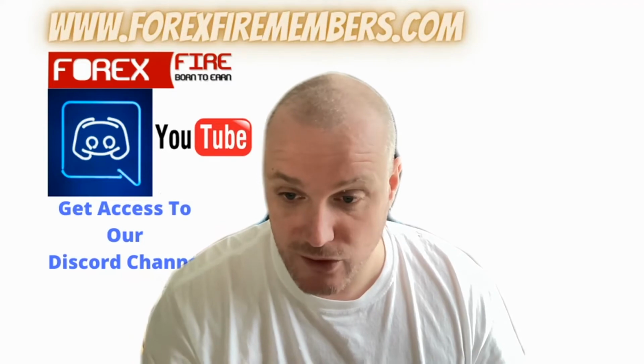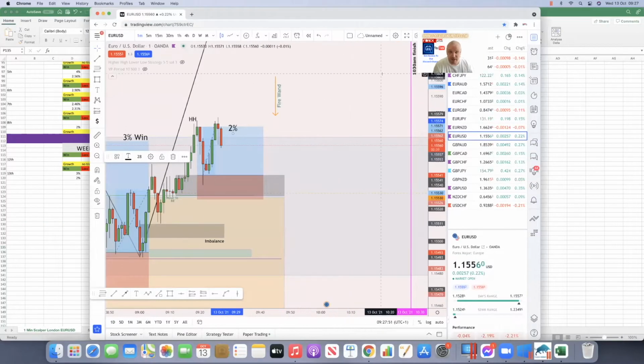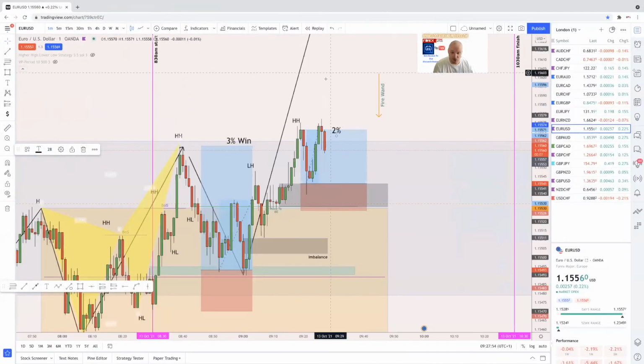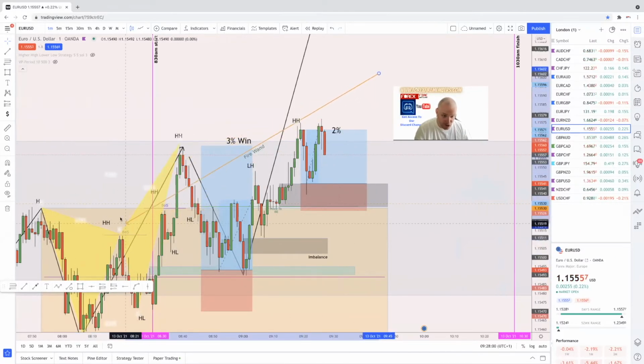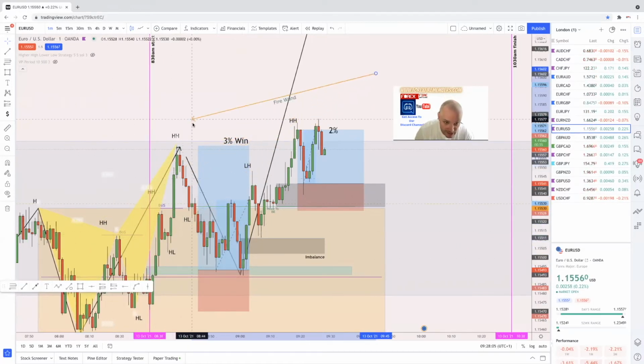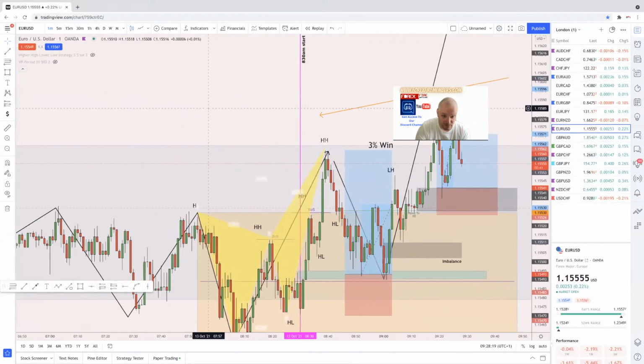And again, we'll go back on the screen, because I'm able to identify these areas with such ease now, and because we mark the structure up as we go, we can then build a story as we're going along, and then be able to look to the left of that story and identify structure points, identify points of interest, identify what the higher time frame's doing with this path.